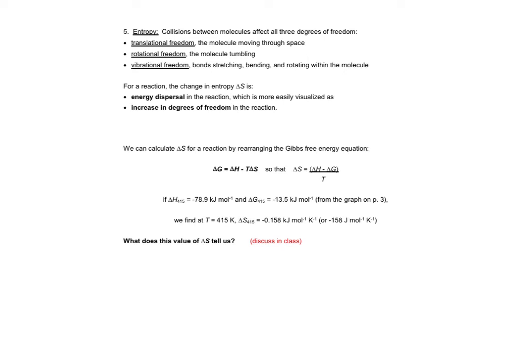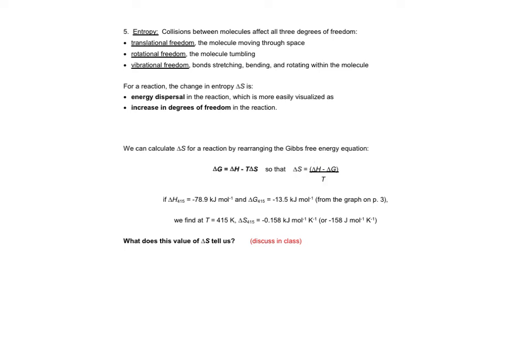If we know the change in enthalpy measured by calorimetry at a known temperature T, and if we also know the equilibrium constant at that temperature, for which we can then calculate the change in free energy delta G, we can calculate delta S, change in entropy.